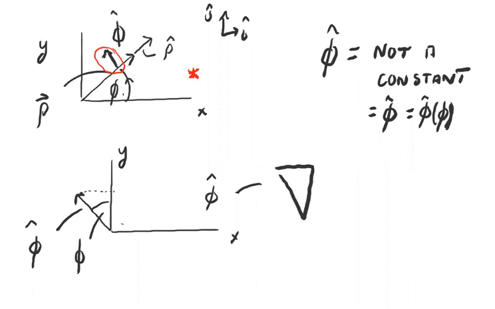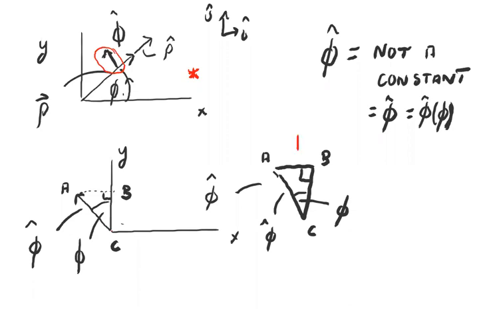And I recognize that what I have here is a right triangle. This is also a right triangle. So points A, B, C. This is angle phi. This is phi hat. So I can just easily resolve the unit vector phi hat into its components.